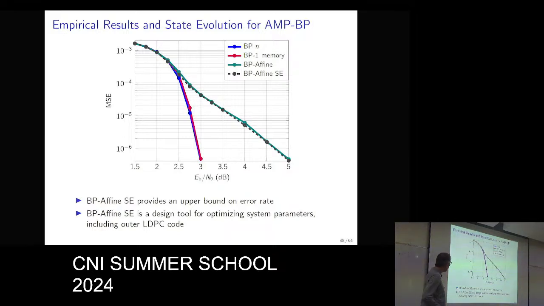On the y-axis is the MSE of my state estimate, a proxy for code performance. If the MSE is low or goes to 0, you've decoded successfully. The state evolution is the dashed line. It tracks the BP affine quite well. The prediction is good. Unfortunately, it predicts really well a bad algorithm.